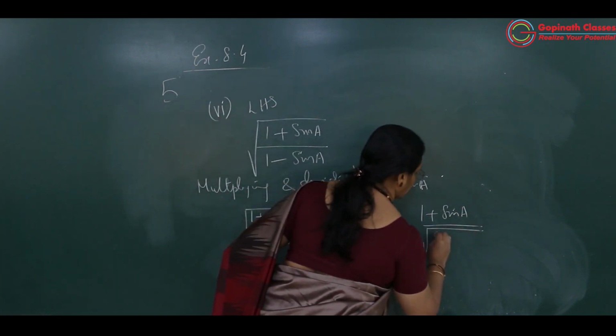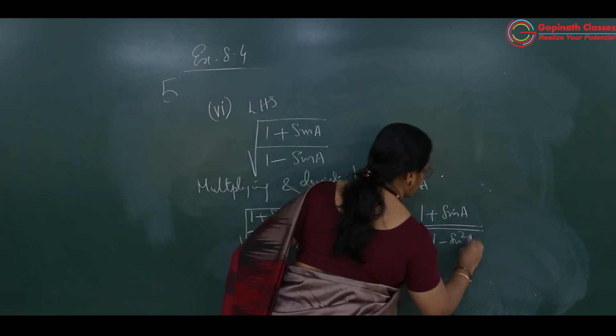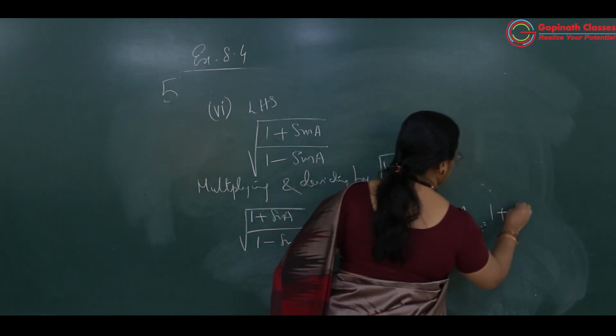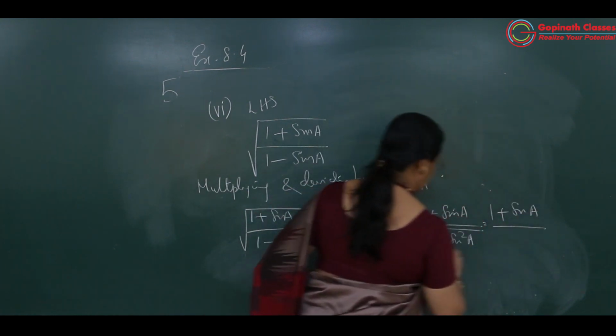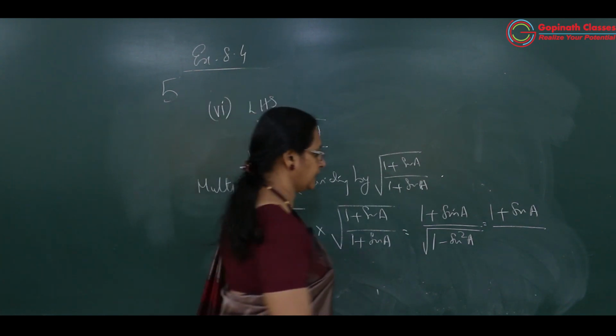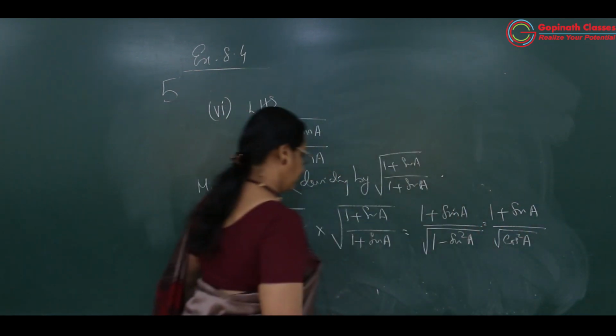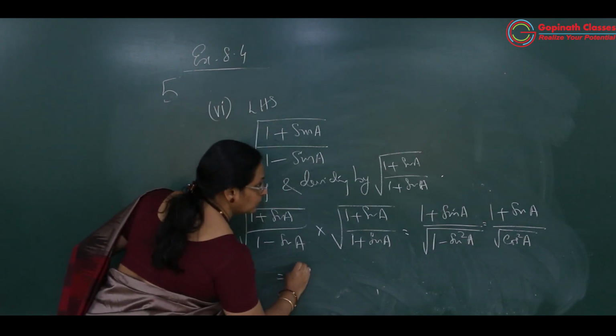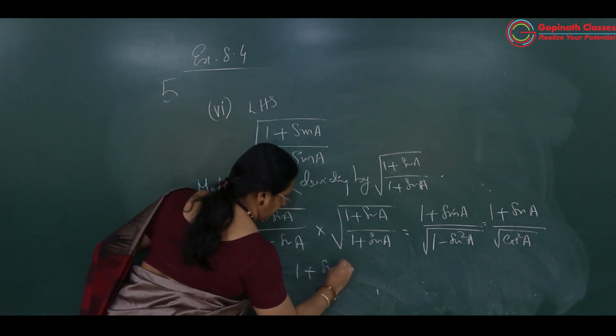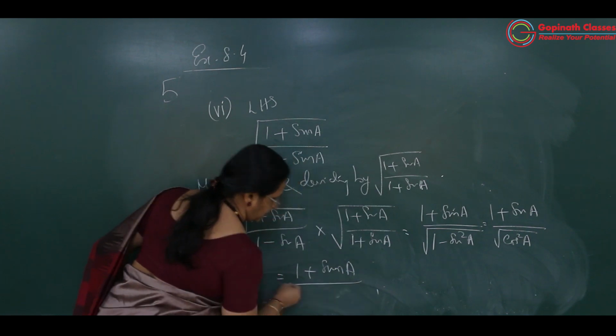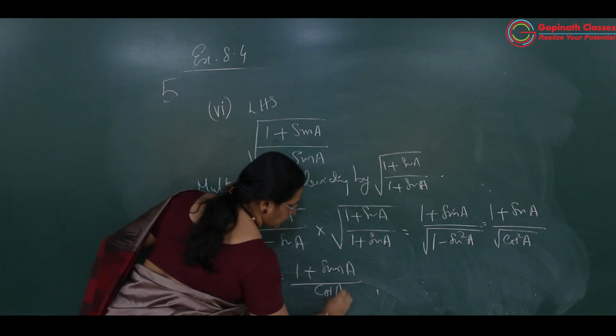So we'll get under root of 1 minus sin square A. What is 1 minus sin square A? It's nothing but cos square A. So we get 1 plus sin A upon under root of cos square A, which is cos A.